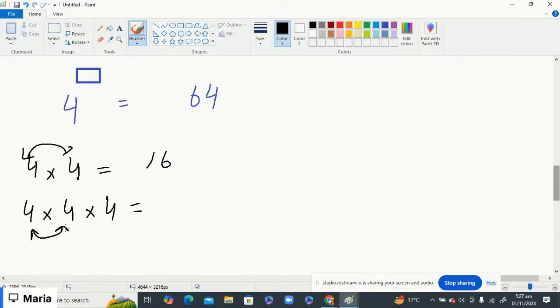We know that 16 times 4 is 64. So in this question, how many 4s are you gonna multiply with each other to get the answer 64? There are 1, 2 and 3. 3 fours are multiplied with each other and then you get the answer 64. This is the way that we solve these questions. In this way, we find the missing exponents.